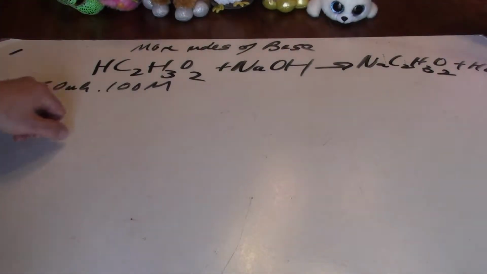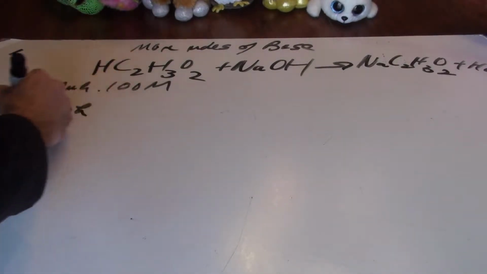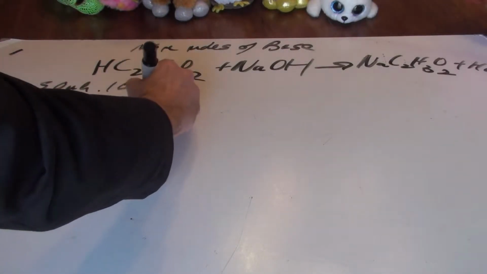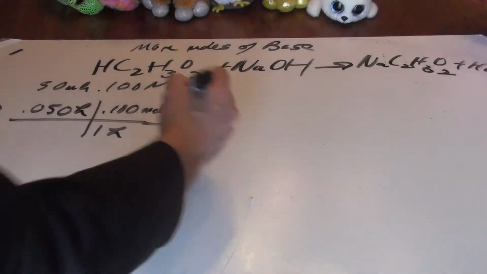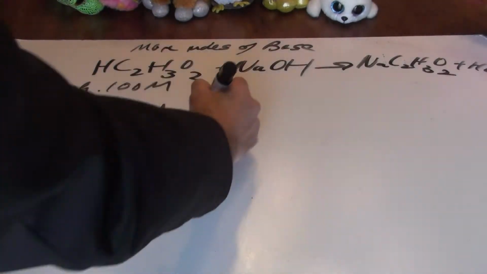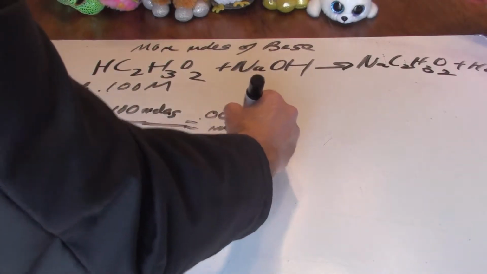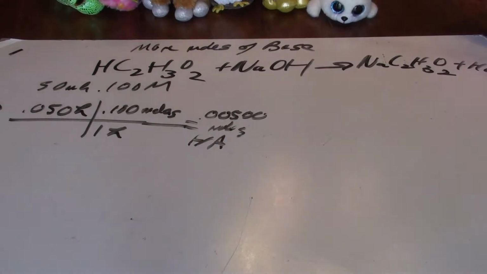Before, we take our milliliters, convert to liters, so we have 0.05 liters, and in 1 liter there's 0.100 moles of our acetic acid. When we calculate that out, it comes out to be 0.00500 moles of acetic acid, which I'm going to abbreviate as HA.